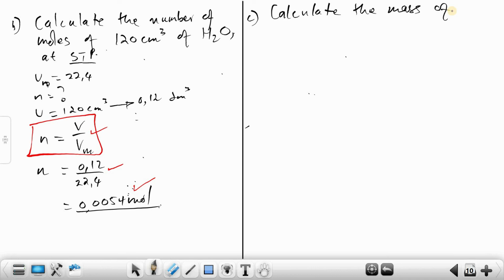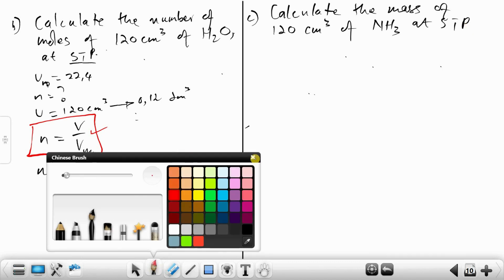Calculate the mass of 120 centimeter cubed of NH3 at STP. So the examiner is not asking us to get the number of moles in this instance.